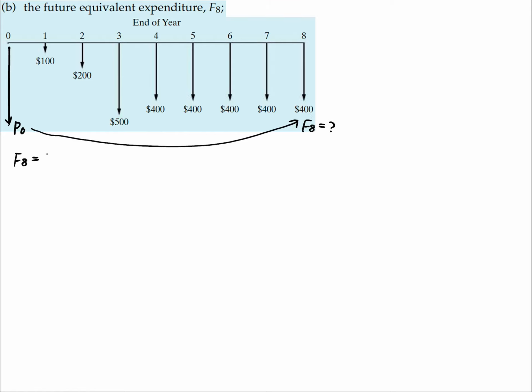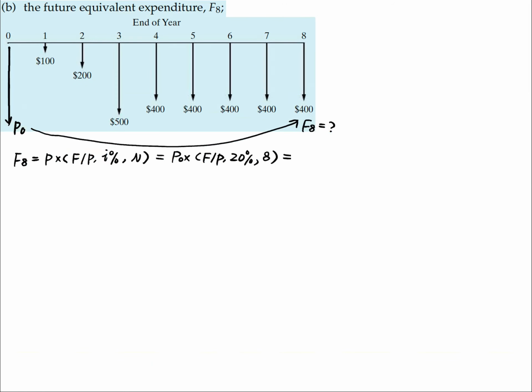So F8, the equation is to find F given P. So it's going to be P times the factor F/P i% N. And P is going to be P0 times F/P 20%, because you need to compound how many times? 8 years.